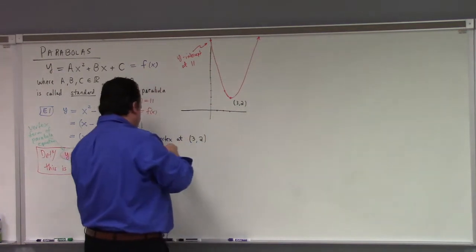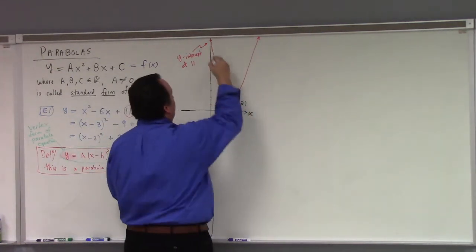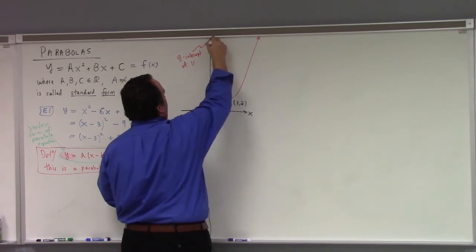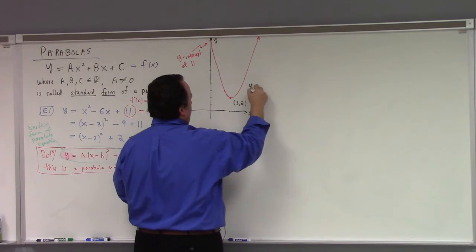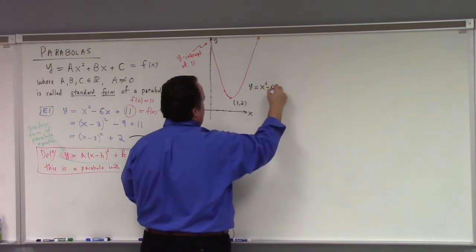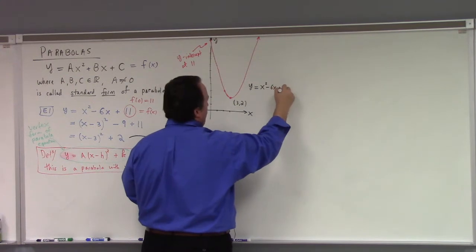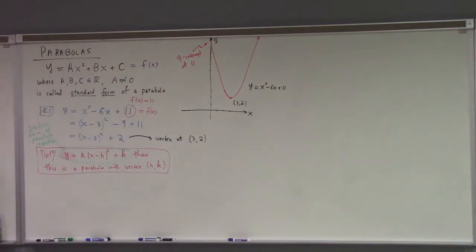This is the graph of this parabola, y equals x squared minus 6x plus 11. If we complete the square and compare to the vertex form, we can read the vertex right off the equation.